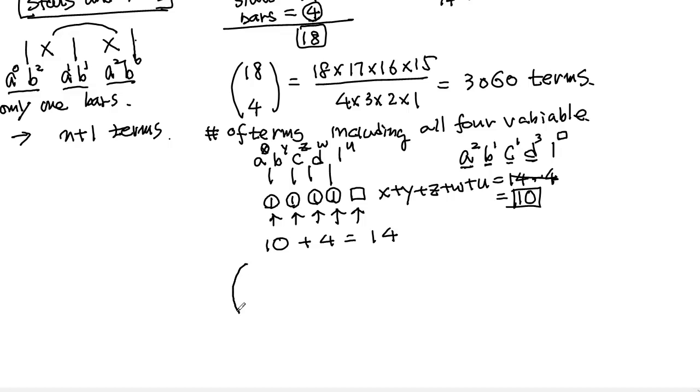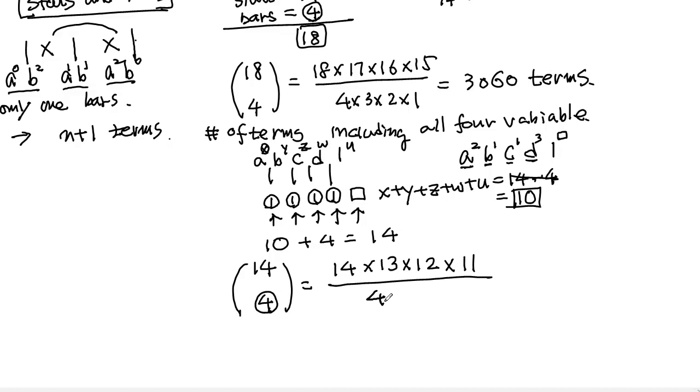So the answer is what? 14, we choose 4, right? So how much is this one? 14 times 13 times 12 times 11, 4 spots there, but we need to break the order. This is a permutation. When you break order, that is not a combination. Permutation is the order. When you divide by this, order doesn't matter. So 4 times 3 times 2 times 1.